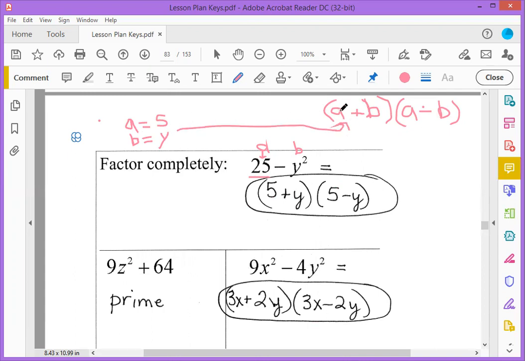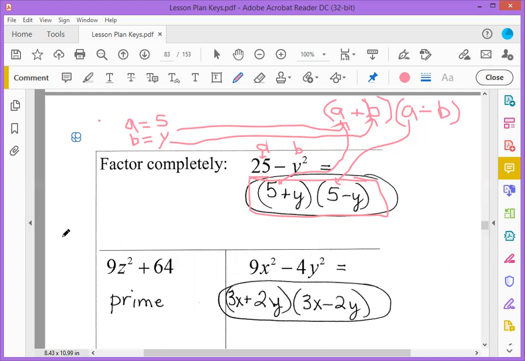Everywhere a is, we plug in 5, so we write 5 plus and 5 minus. Our b term we said was y, so everywhere b is, we replace that term with y. So here we have plus y and minus y. We factor that difference of perfect squares as 5 plus y and 5 minus y.